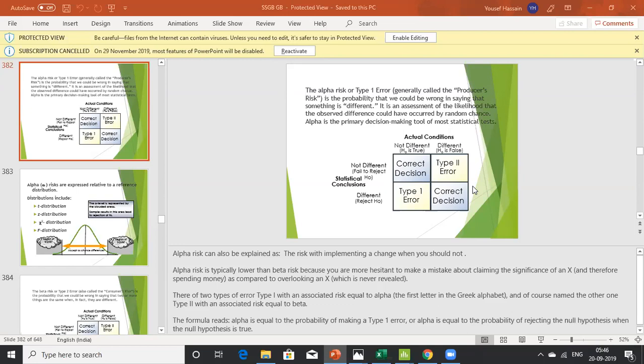We assume, with the two factors we are looking at, that there is a difference between A and B. My assumption is there is a difference. In actual, if there is a difference, then my null hypothesis is accepted, and the alternate hypothesis gets rejected.